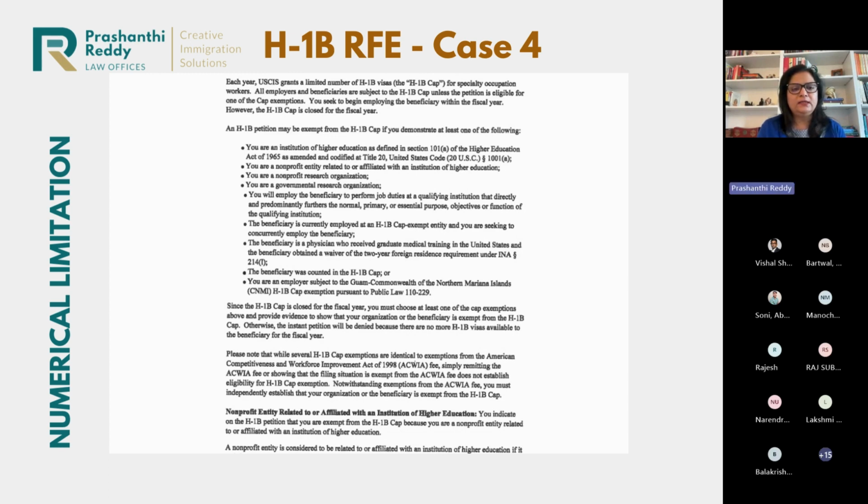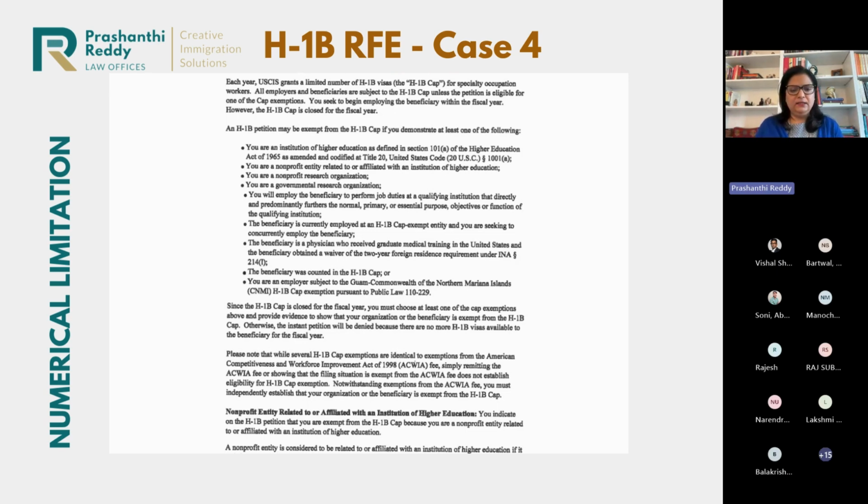So they're saying that you have filed for a CAP exempt, and obviously the registrations are closed for this year, but we're not convinced that you're actually CAP exempt. And in this case, it's a little complicated because this is a nurse case and a consulting company is filing for a nurse.